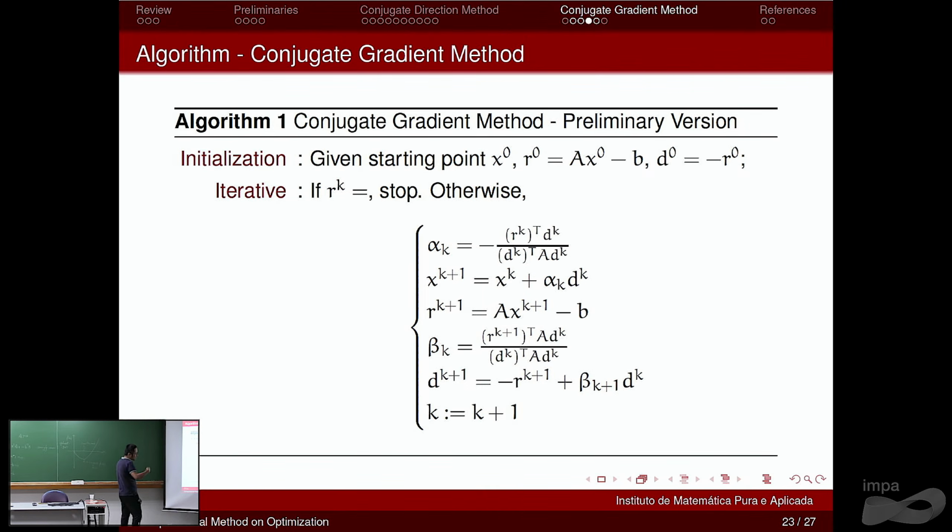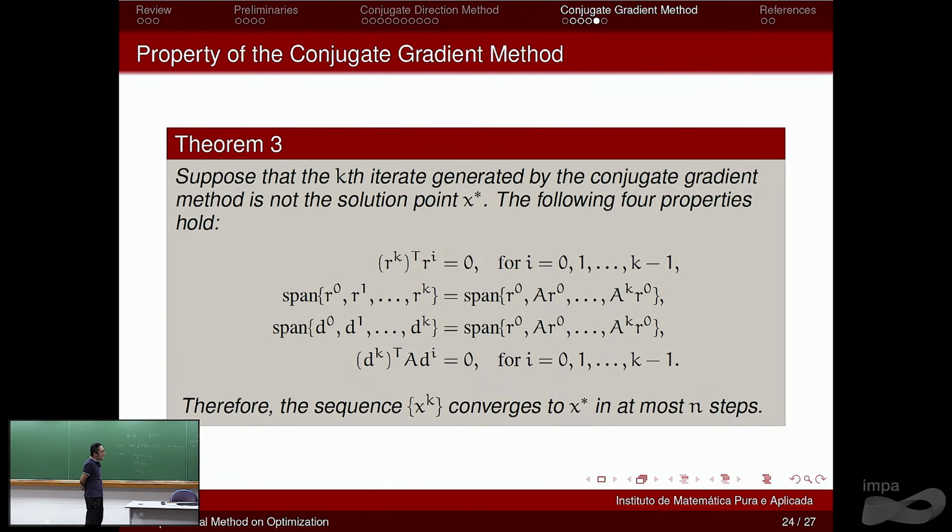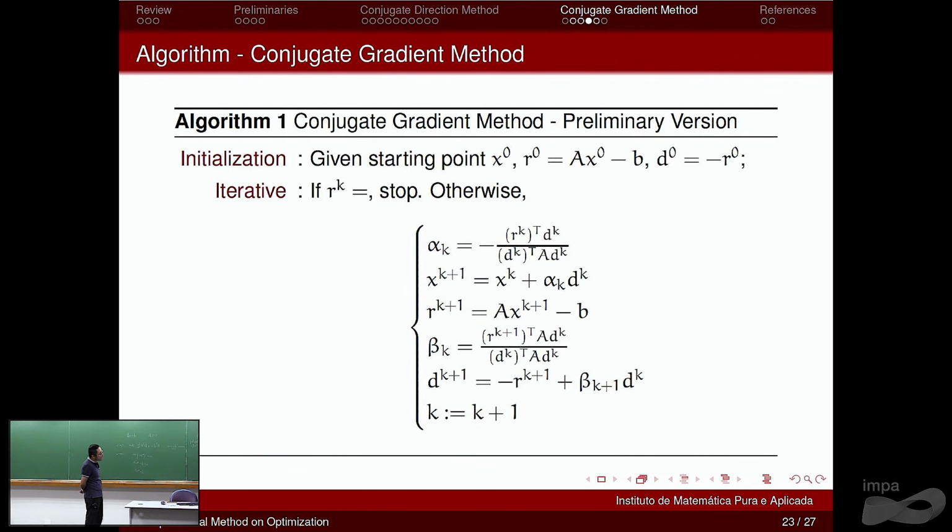Then you can go to the next iterate. So this is the definition of the conjugate gradient method. And be careful: this conjugate gradient method is for solving the linear system. So we call it the linear conjugate gradient method with exact line search. Okay, of course with the exact line search.